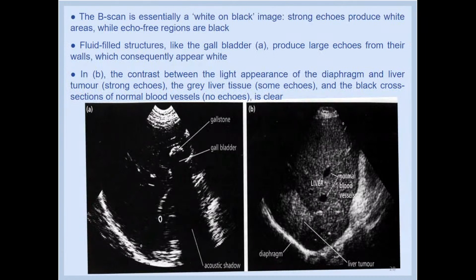The B scan is essentially a white and black image. Strong echoes produce white areas, while echo-free regions are black. Fluid-filled structures like the gallbladder produce large echoes from their walls, which consequently appear white, as illustrated here.